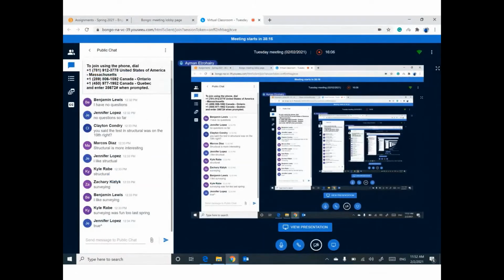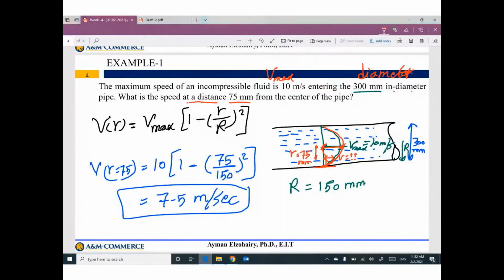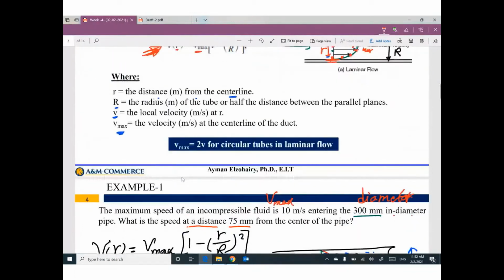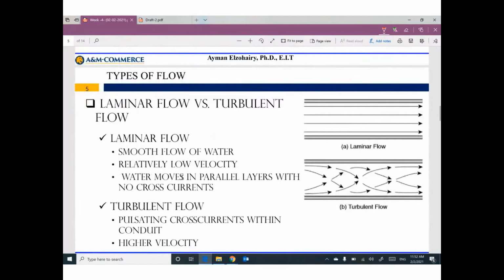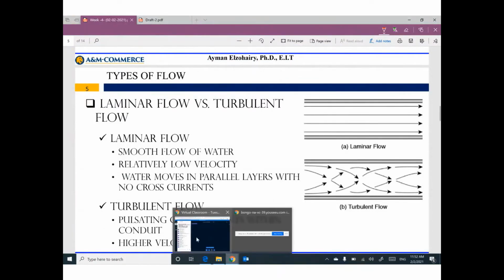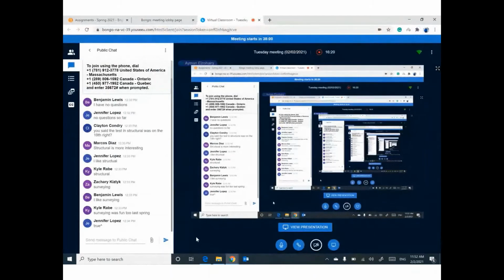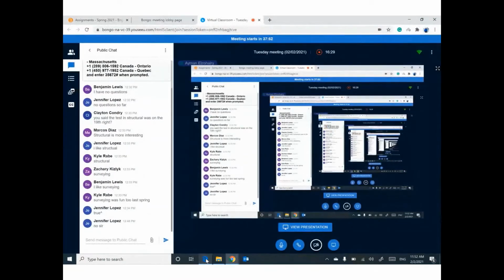Any question? This is the first point for today. The second point. Any question? If you have any question, let me know.